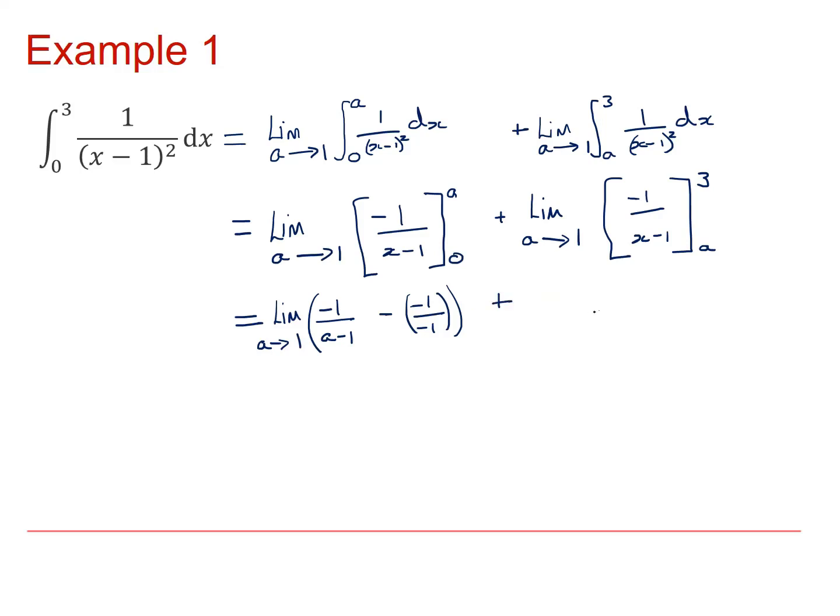For the second part, I'm going to get minus 1 over 2, and then I'm going to get minus 1 over (a minus 1). And again, look at what happens as a tends to 1.